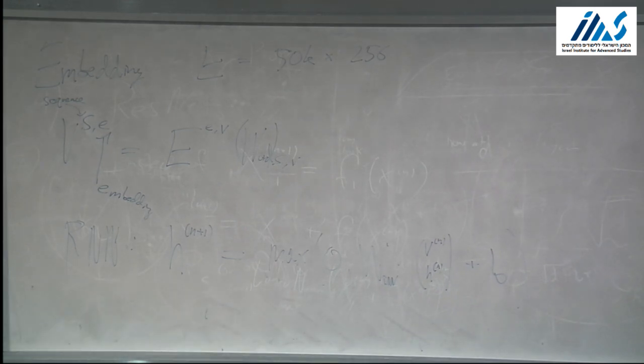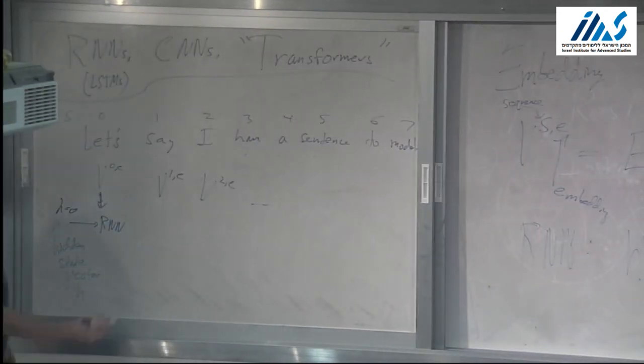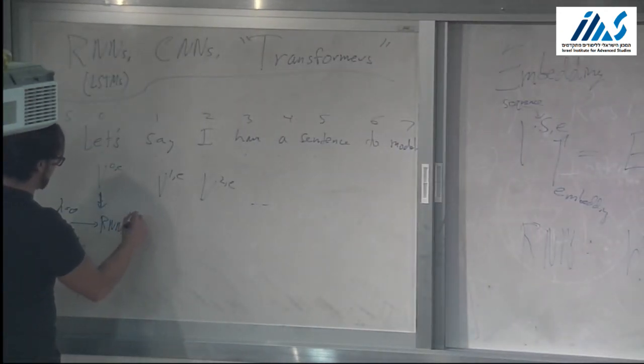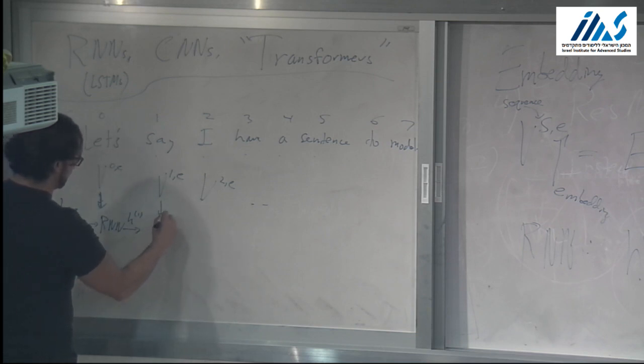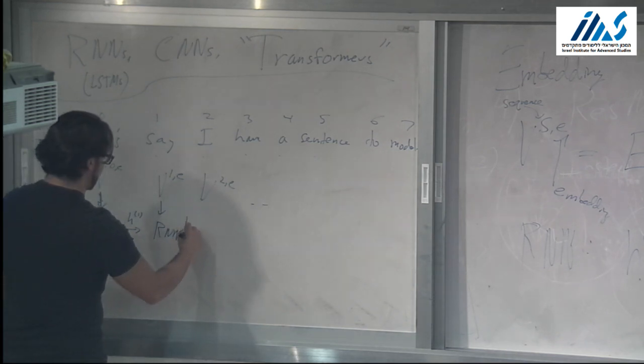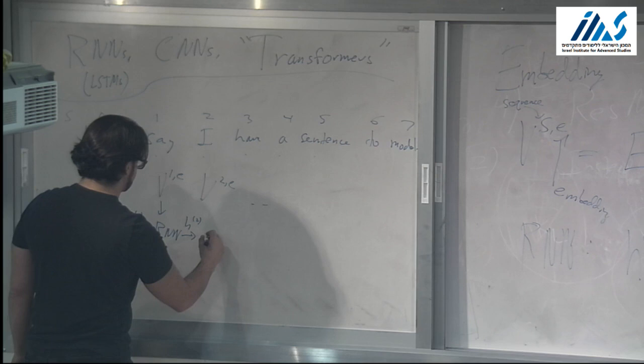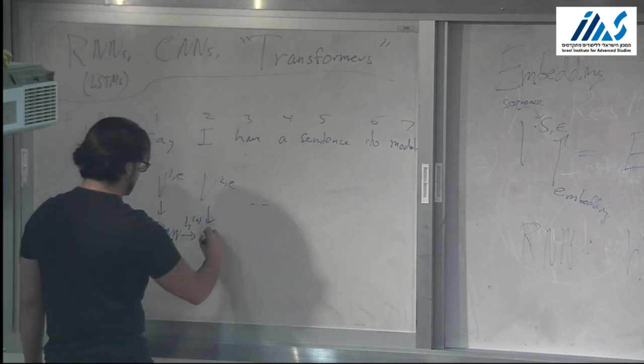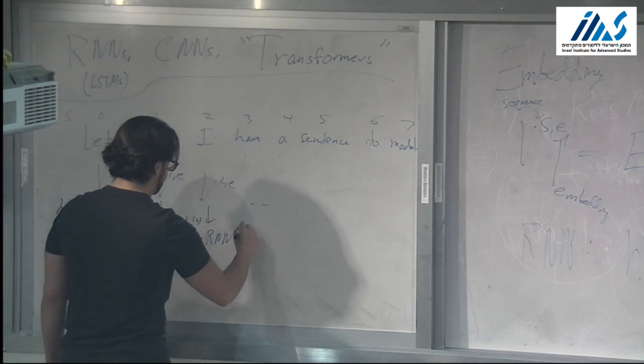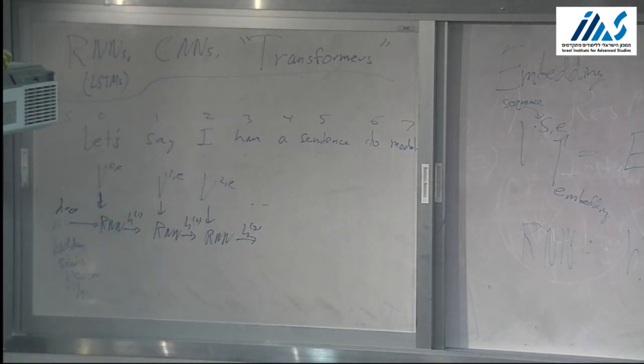So here, H is 0, and it takes in V0E and this initial H. It outputs a new H1, and it gets in V1, and the RNN acts again, and it produces an H2, and then it gets in another V2 and acts again, etc., and produces an H3, and on and on.